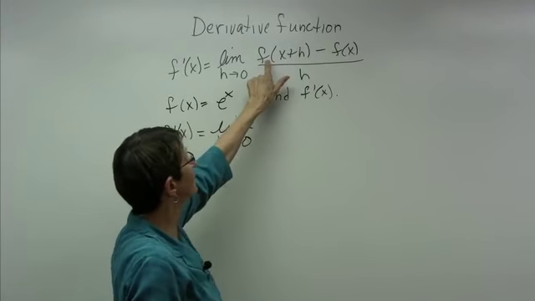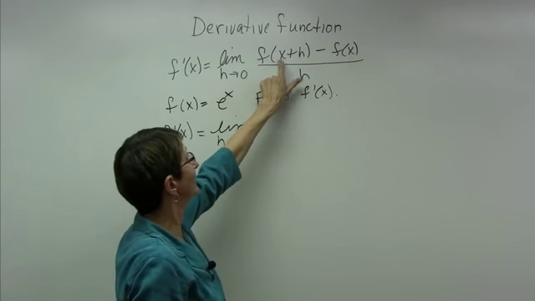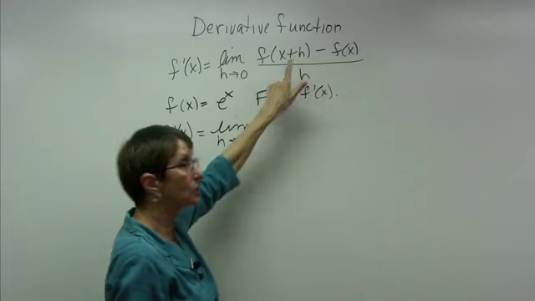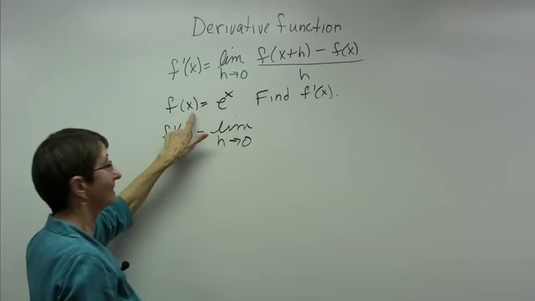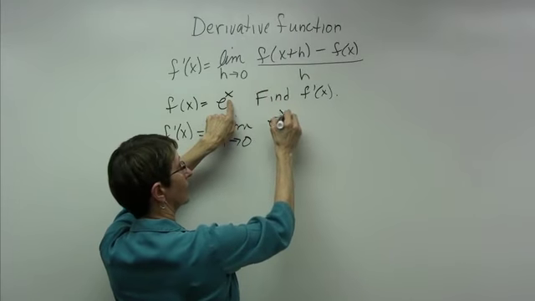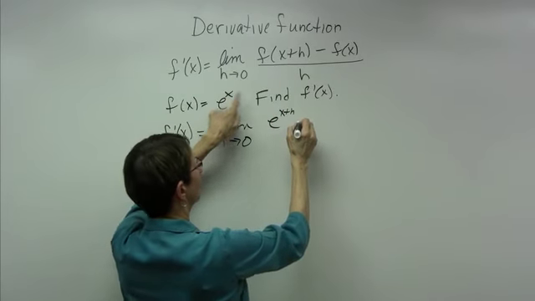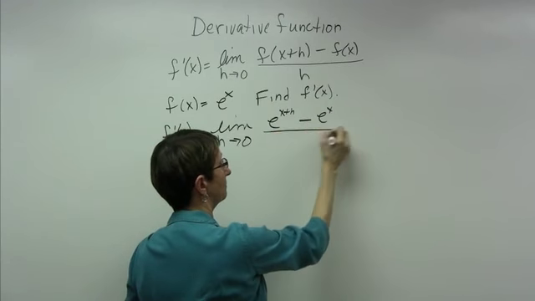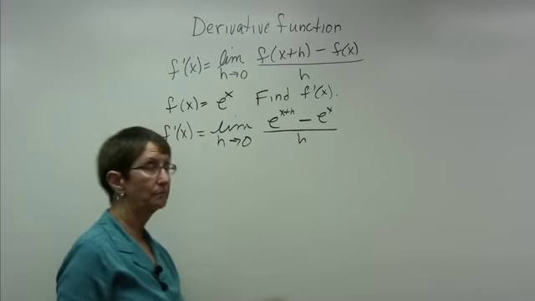The notation says take your function and the input is x plus h. So that means the x plus h goes where the x is in the function. So it would be e raised to the power x plus h, and then minus f of x, which is just the function e to the x, divided by h.